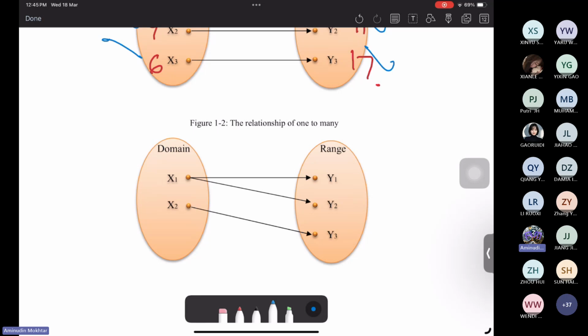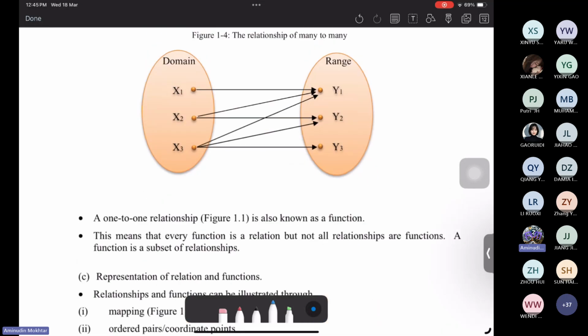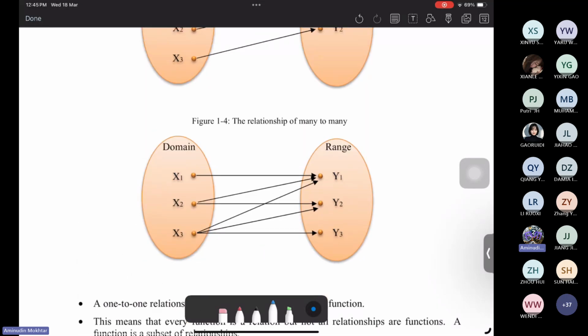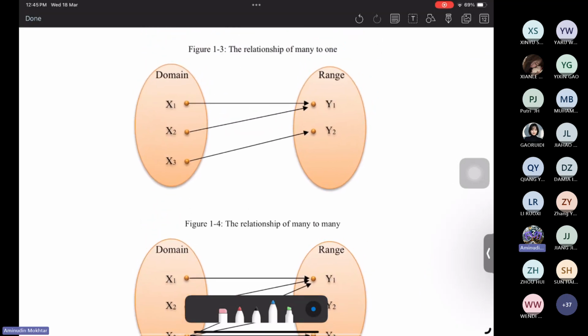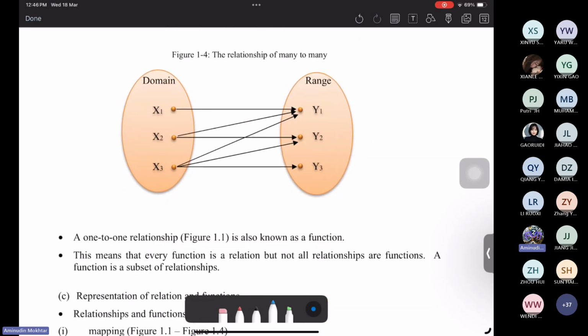One domain could have one or more range. Or we can also have the relationship of many-to-one. Many values of x can share one value of y. For example, in this case s1, s2 share the value of x1. Or we have a relation many-to-many as shown in figure 1.4. Okay, basically figure 1.1.